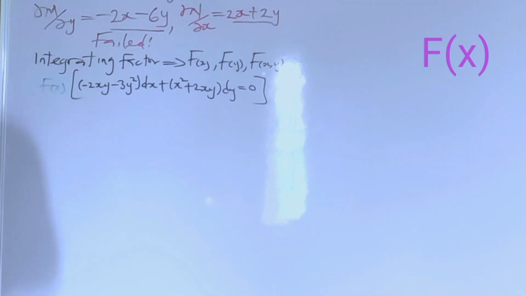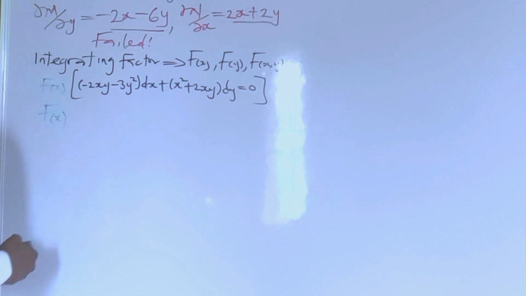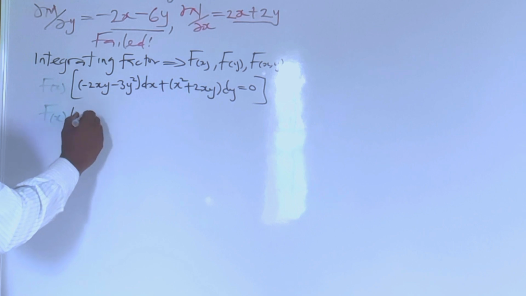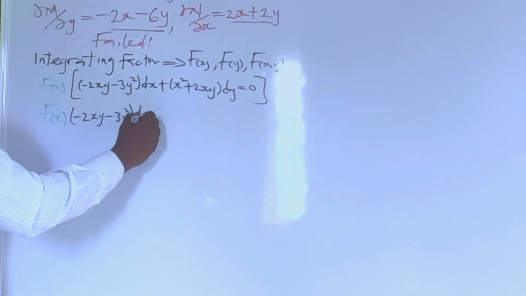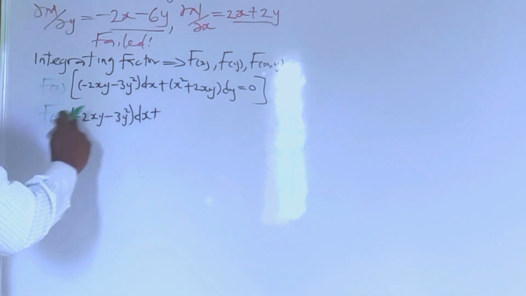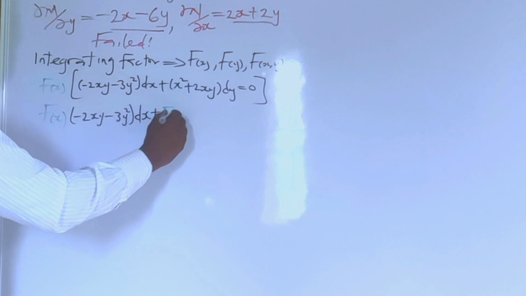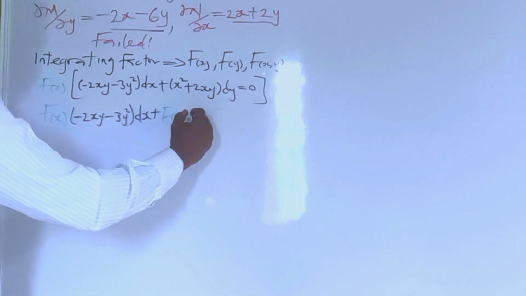When I do that, I will have f of x multiplied by negative 2xy minus 3y squared dx, plus f of x multiplied by x raised to power 2 plus 2xy dy.